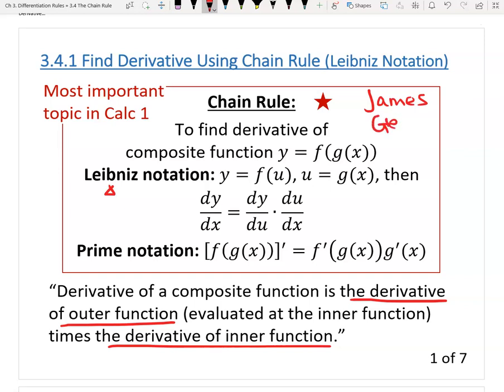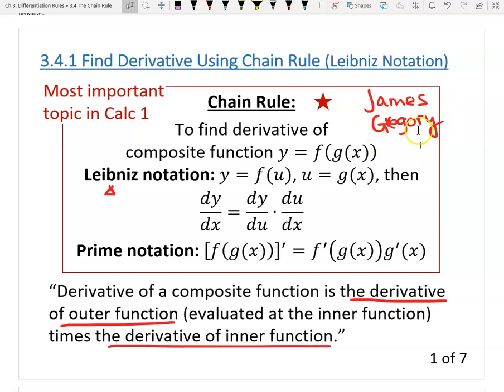You can Google James Gregory. He is also a very famous mathematician in history. At least James Gregory proposed the first version of the fundamental theorem of calculus, which we are going to learn in the future.